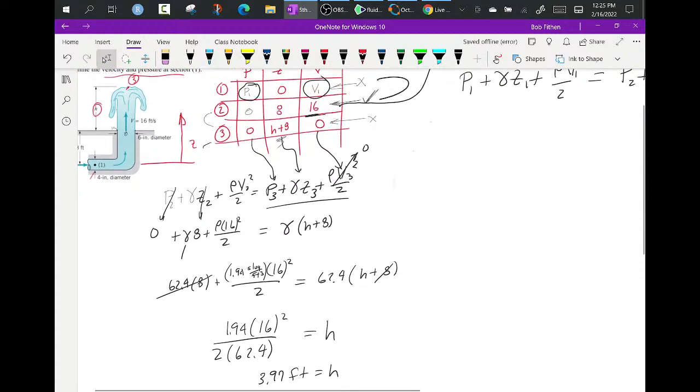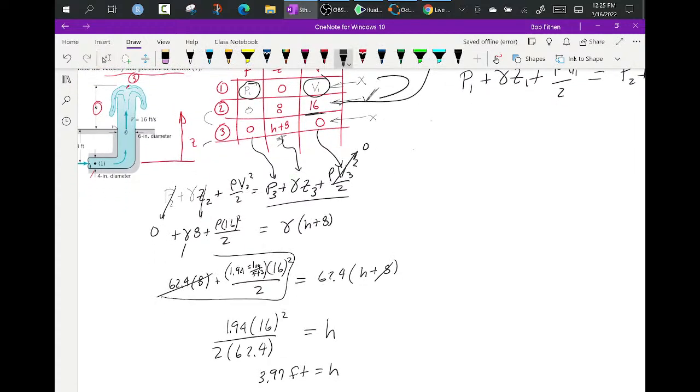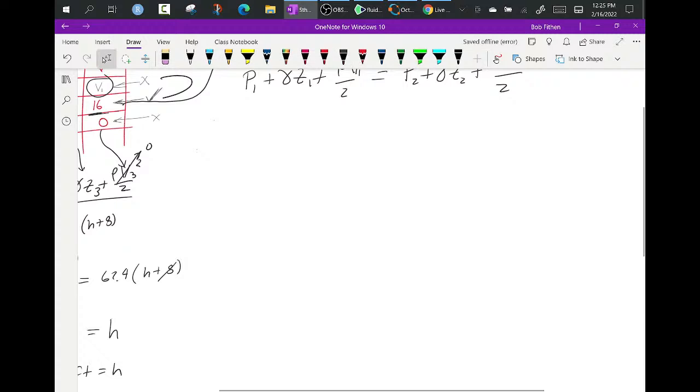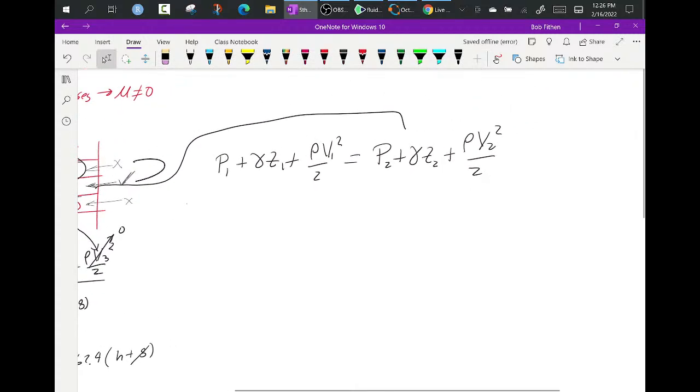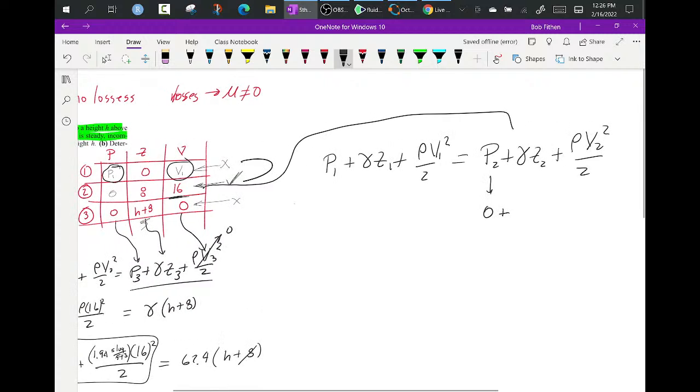I never figured out what these values actually were, but what I ended up with is 0 plus, so again I'm plucking them straight off here, and pluck this one straight off here and put in here. Okay, 62.4, that's gamma.